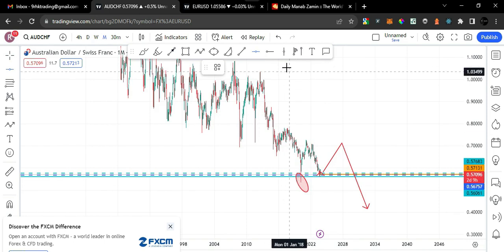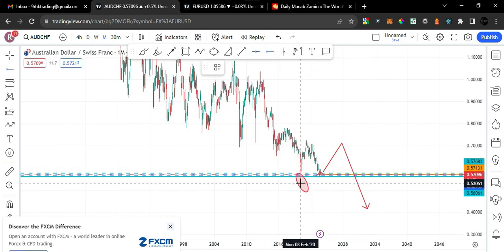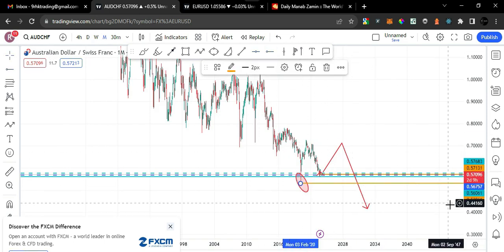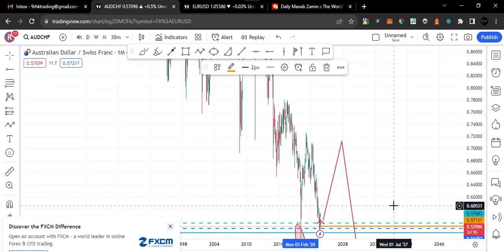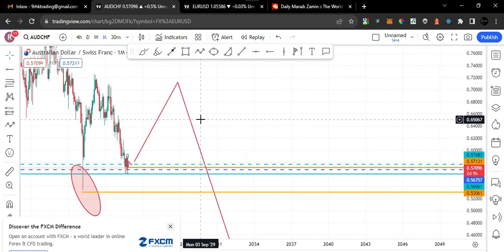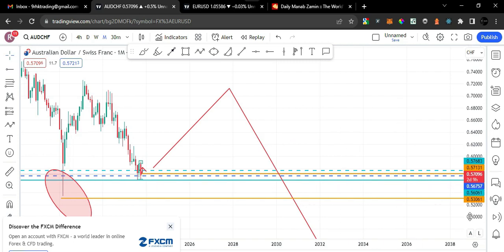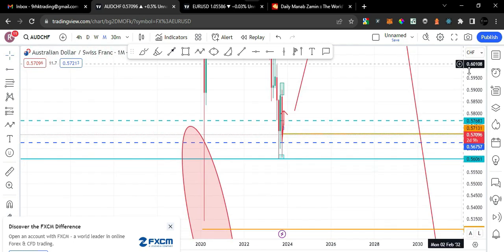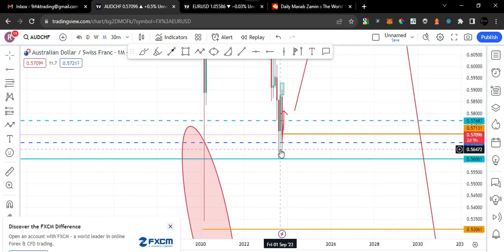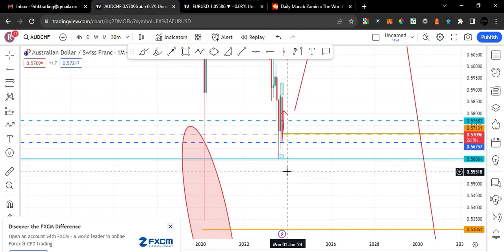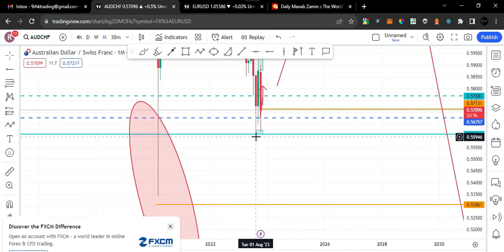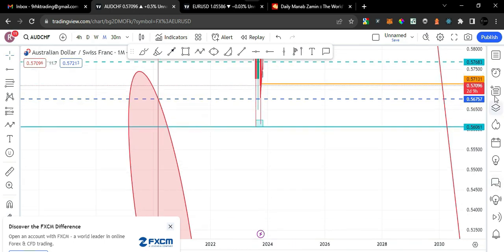This structure will be broken then, but not this time, because it already failed. For the last month in monthly, as I have already explained, it failed to break. Can you see? It failed to break the August lower low. Here is the proof of that.